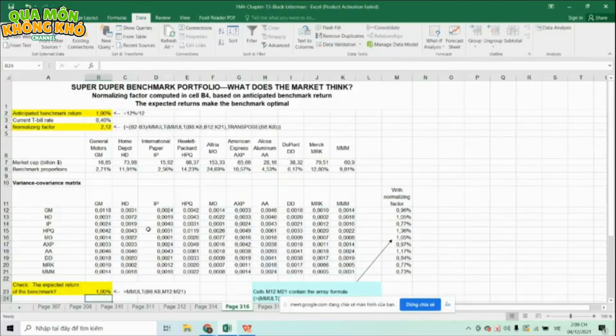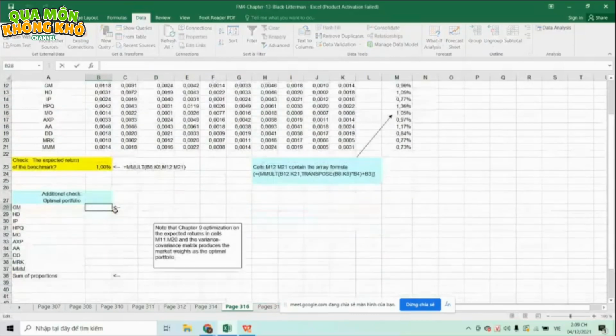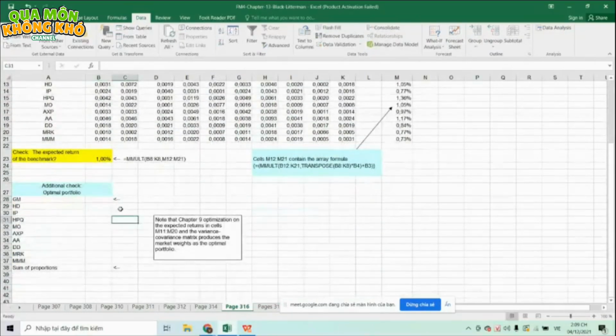So as you can see, with the normalizing factor, the anticipated benchmark return is also equal to the expected return of the benchmark. So it's right. We will have an additional check here.